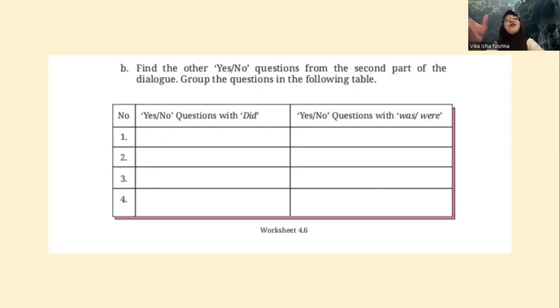Today, we have learned how to talk about past incidents or events using the simple past tense. We discussed how to form past tense statements and questions, especially using did and using was or were for yes or no questions. This skill is important not only for speaking activities but also for writing in daily and academic contexts.